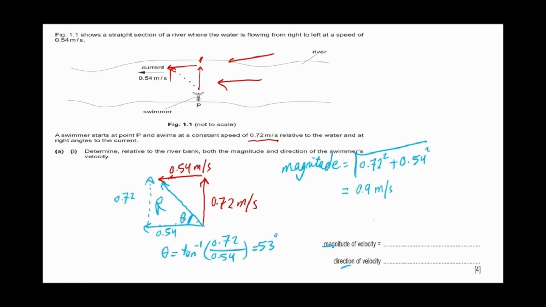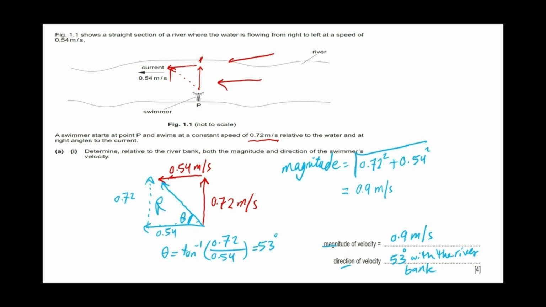So this one is 0.9 meter per second, and the direction of the velocity is 53 degrees with the river bank, or relative to the river bank.